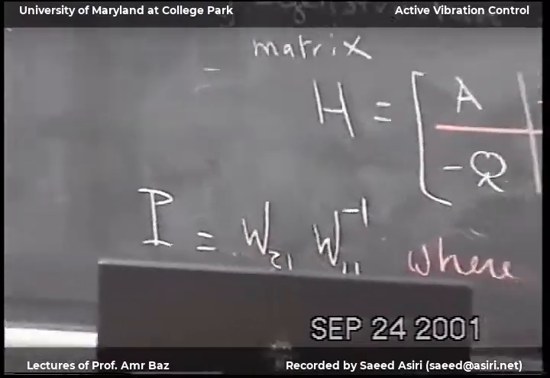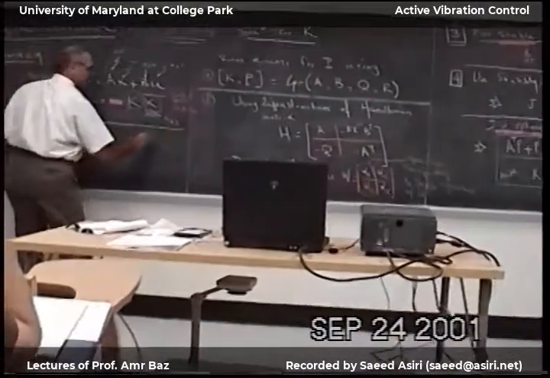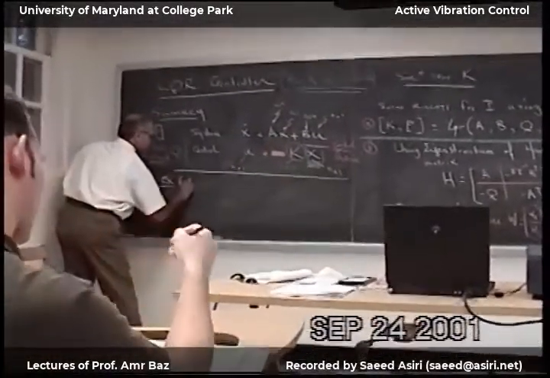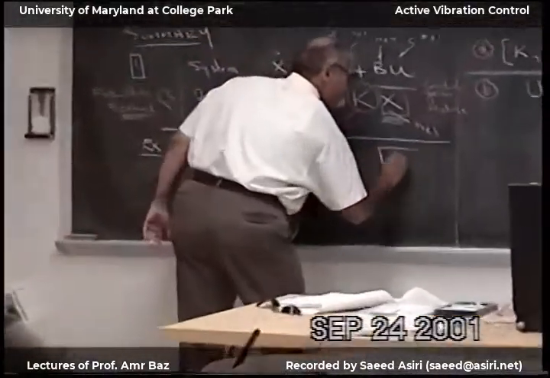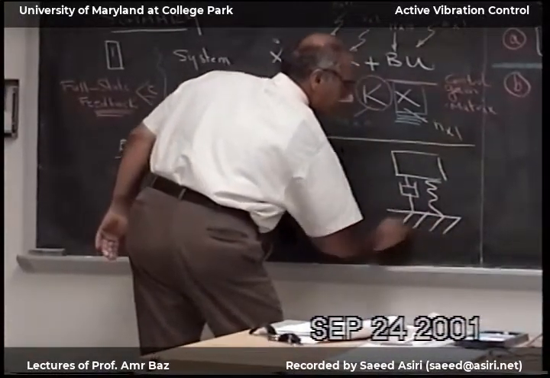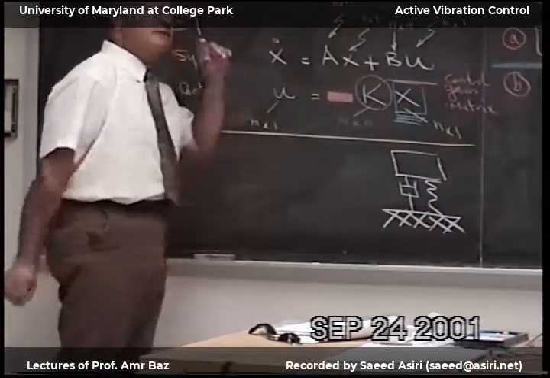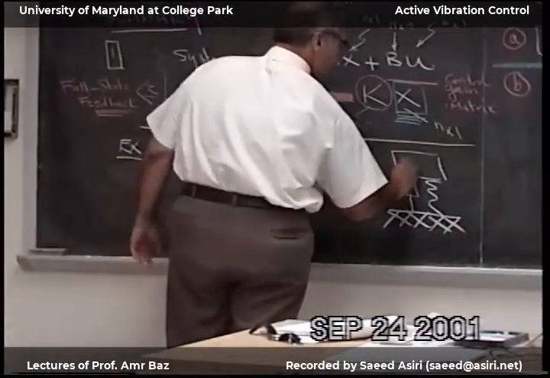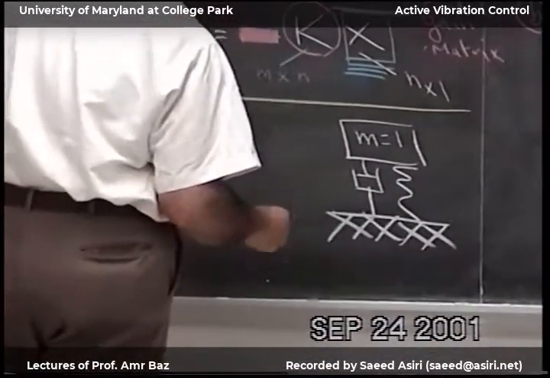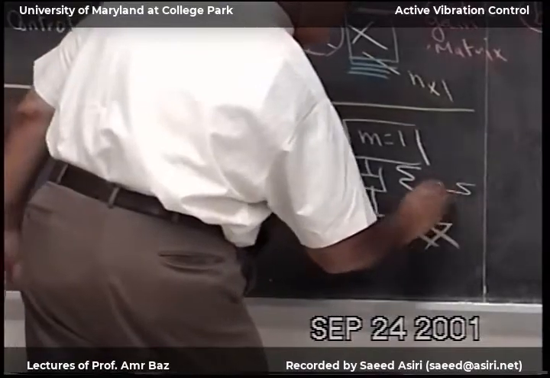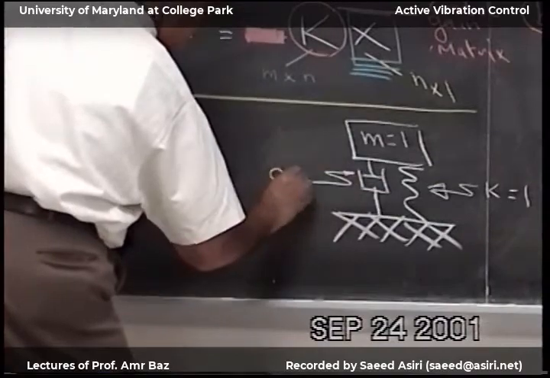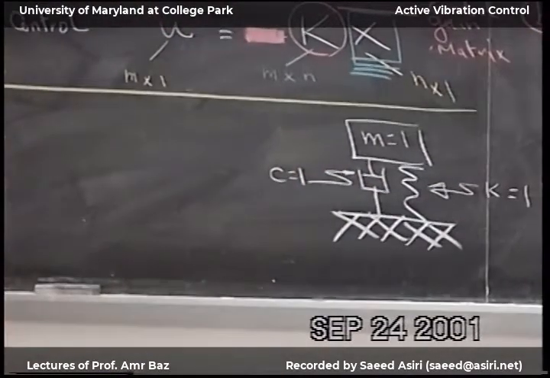And the example that we will have is a spring mass system that has M of unity, stiffness of unity, damping coefficient of unity.